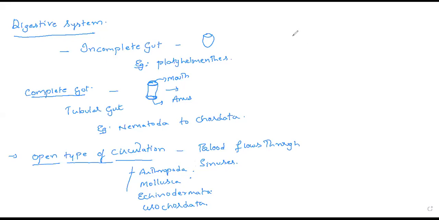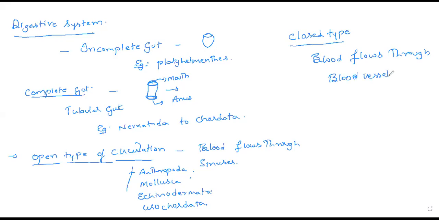Now let us see closed type of blood vascular system. In closed type, blood flows through blood vessels. That means from heart to arteries, arteries to capillaries, capillaries to veins, veins to heart again.